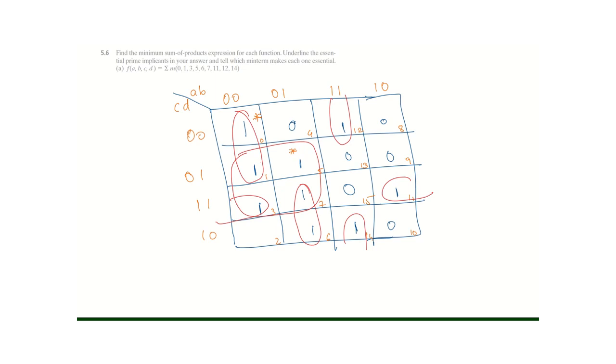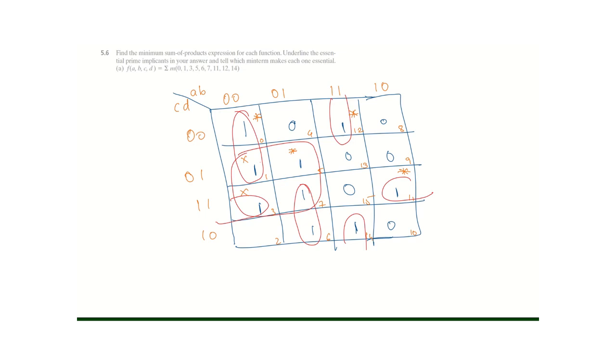Similarly, this is not, this is not, this is not. This one is a prime implicant since this is only included in this one. So the ones with stars are essential prime implicants, so even this one is one.